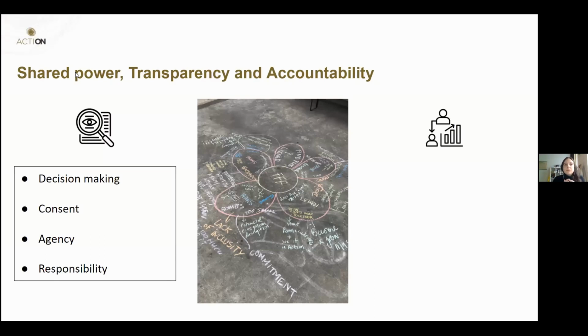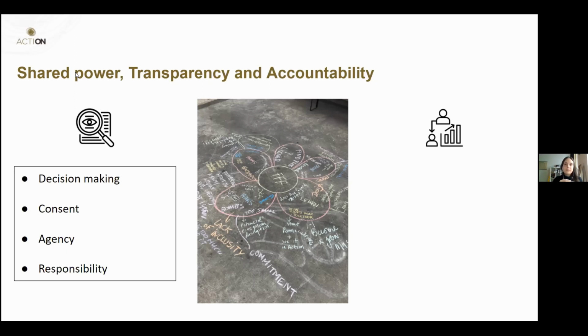Our decision-making procedure is based on consent. We need to reach an agreement from all the members of the circle about a specific proposal or decision, and everybody needs to agree about the final decision. But the important thing is that the circle has its own agency about this decision. If the decision relates to the aim of the circle, there is no need to get approval outside the circle.